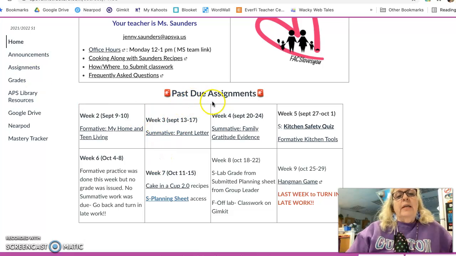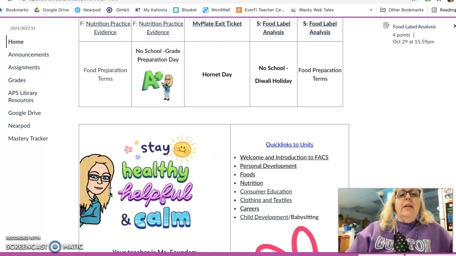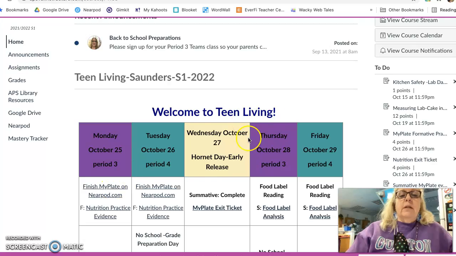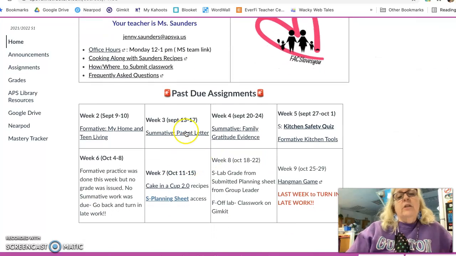I've also told them on here that I have taken all the old links for the past work we've done and put it down here as well. I remind them, don't forget your past due assignments are below. And over here, I have something like, this is your last week to turn in work before the end of the grading period.